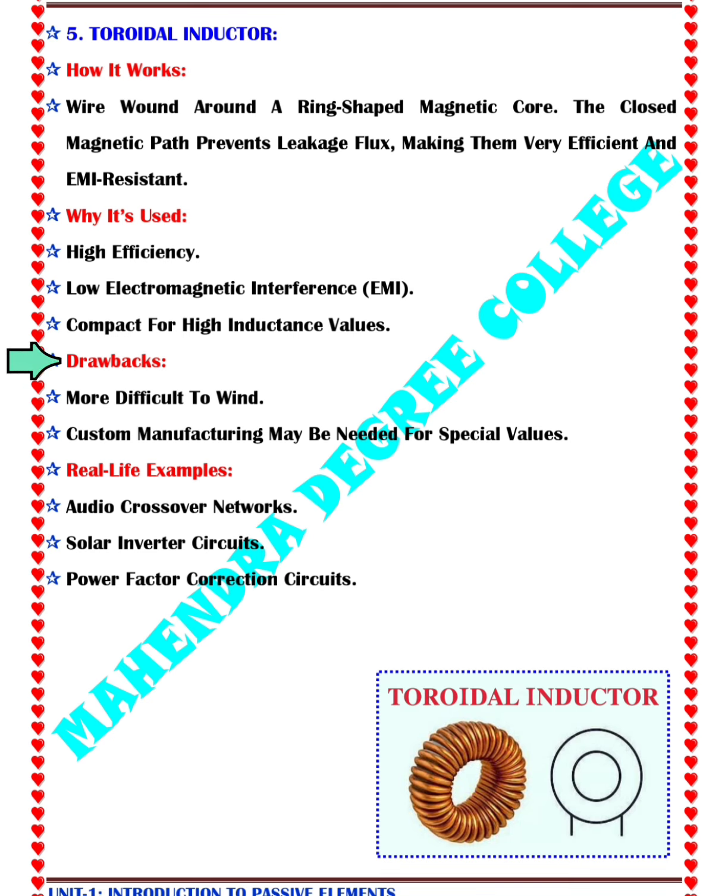Next, we will discuss the drawbacks of toroidal inductor. More difficulty to wind. This means the wire must be carefully wound around the ring, which can be tricky compared to straight or solenoid coils.